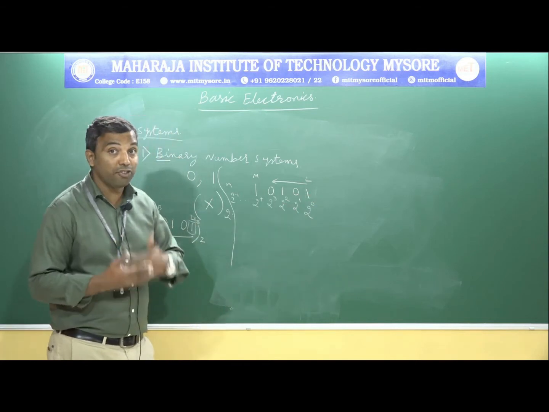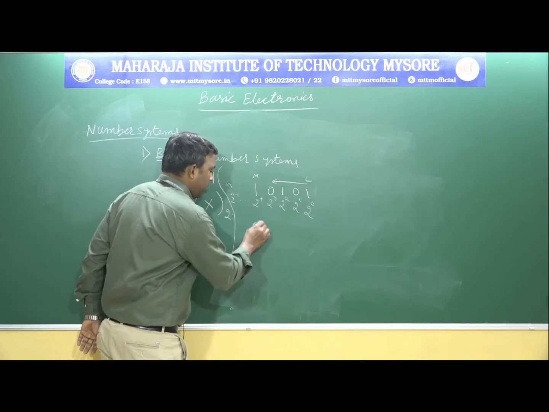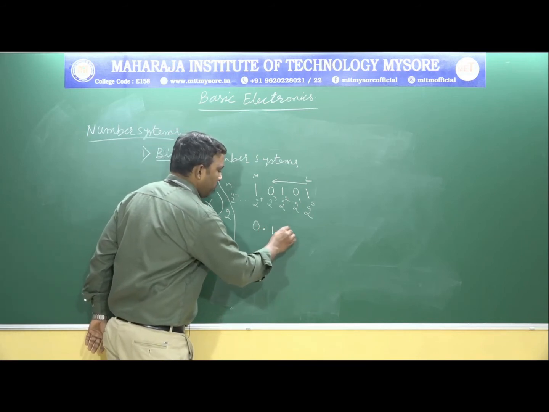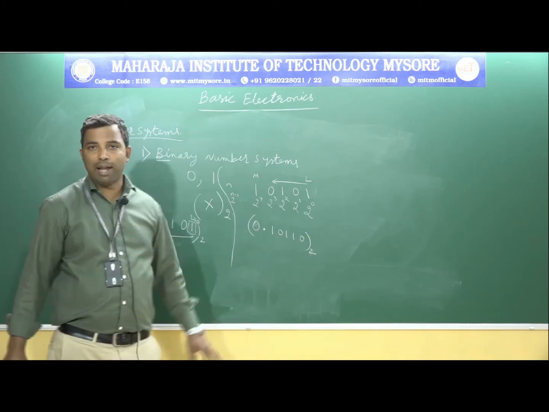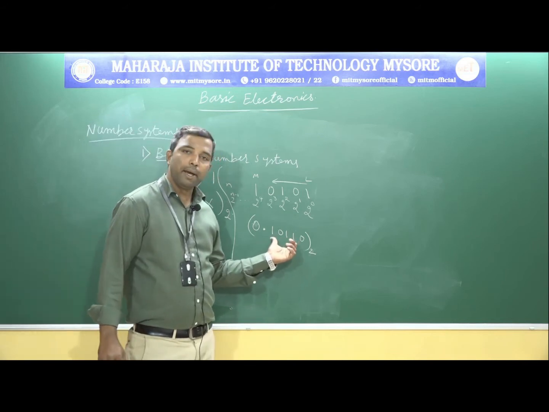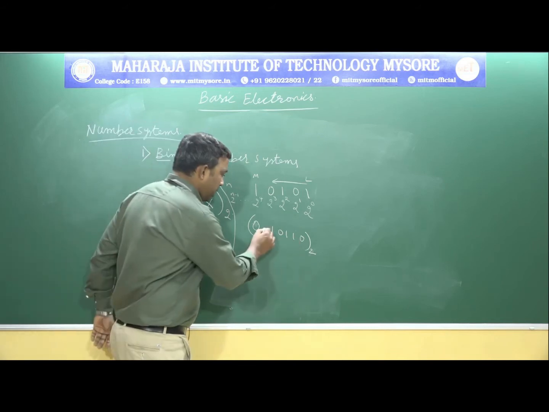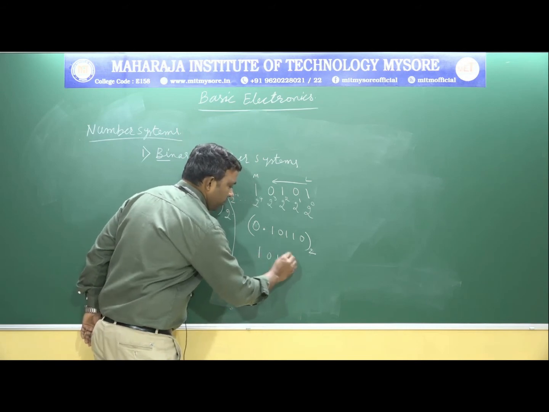If you consider a fraction number, for example 0.10110, you consider the numbers after the binary point, that is 10110.